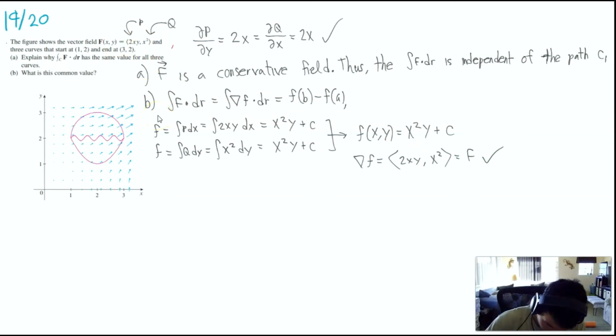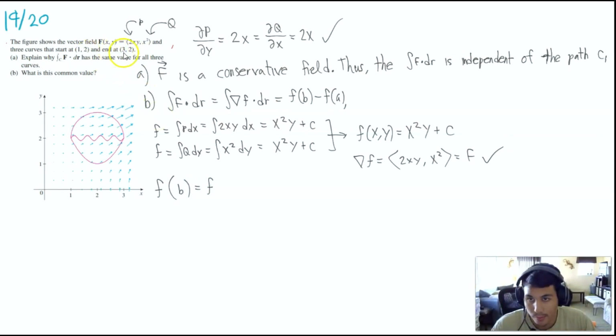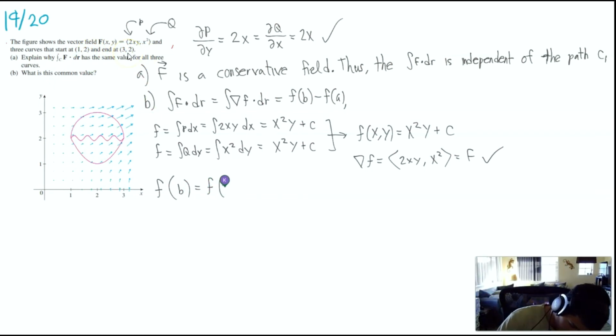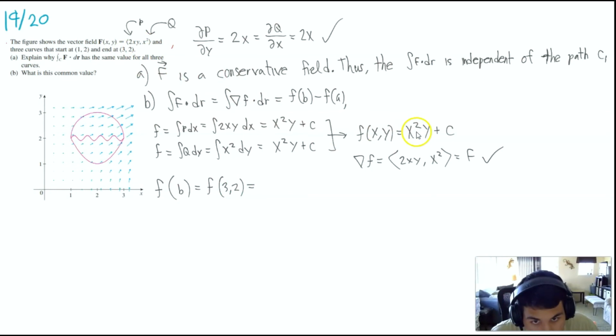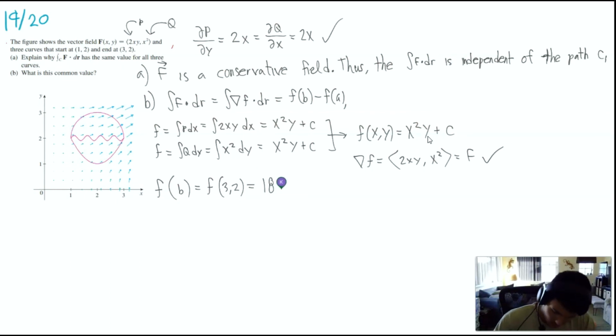Okay, we now need to find what f of b is. f of b is f of 3, 2. So if we put that in, 3 squared times 2, that's 9 times 2 is 18, 18 plus c. f of a is equal to f of 1, 2.